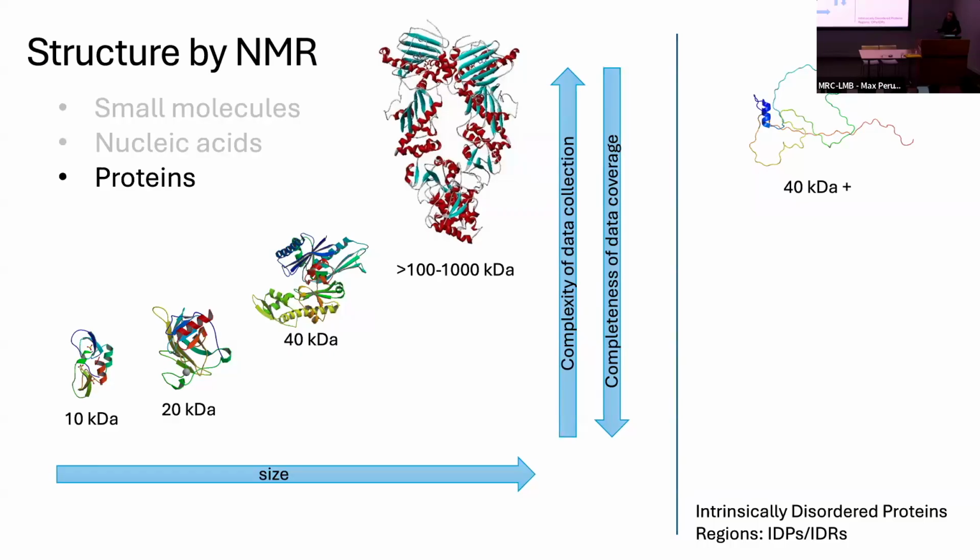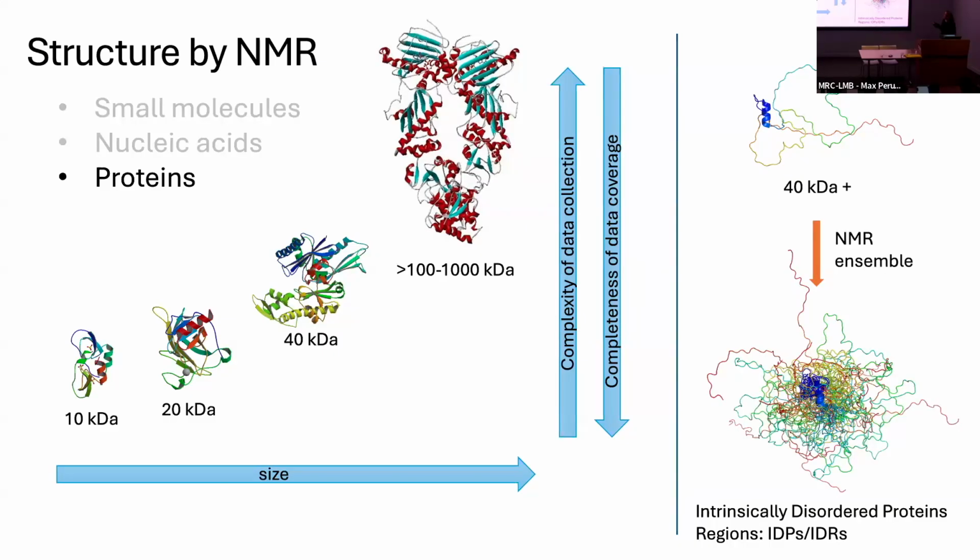We can comfortably look at IDPs of 40 kilodaltons or more, and we don't need these super complicated labeling techniques. We also have equipment in the NMR facility that's specifically set up for looking at these intrinsically disordered systems.